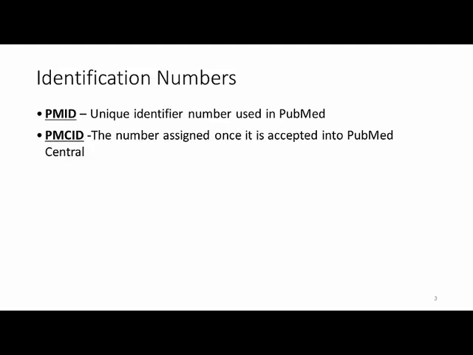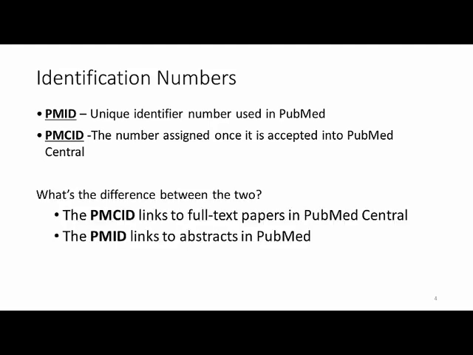So there's identification numbers, and these get really confusing. PMID, PubMed ID. It's the unique identifier that's in the PubMed database. Anything that goes into PMC has a PMC ID number. So to uniquely identify it in PMC, that PMC ID number actually gets pushed back over to PubMed.